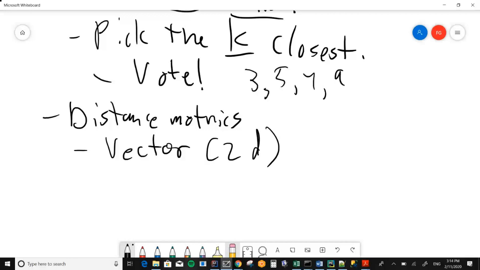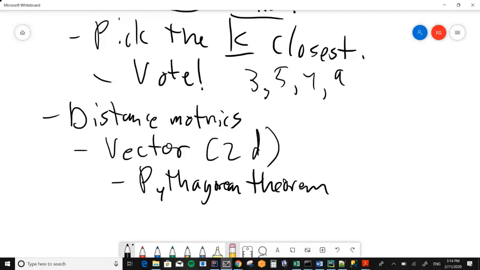So to think about the distance between them, what we might do if we've got 2 dimensions is just use the Pythagorean theorem, right? So if we've got 2 points, that is, we've got x1, y1, because this is just a 2-dimensional thing, and we've got x2, y2, and we're trying to think about how similar these things are.